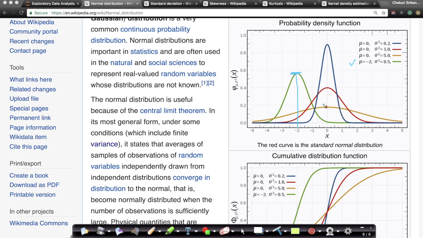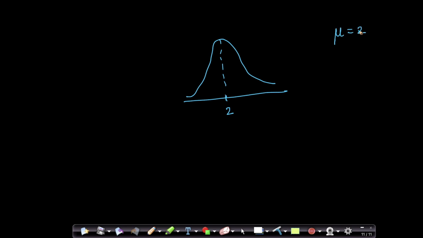In a Gaussian distribution, the peak of the hill for your PDF is at mu. So if somebody plots a PDF like this, and I know that it's a Gaussian random variable, and the maximal value is at 2, then immediately I know that my mu is equal to 2.